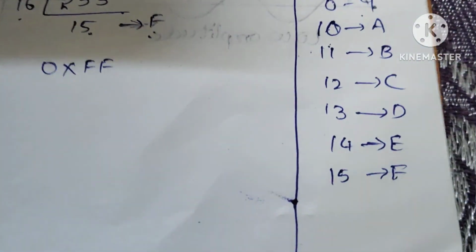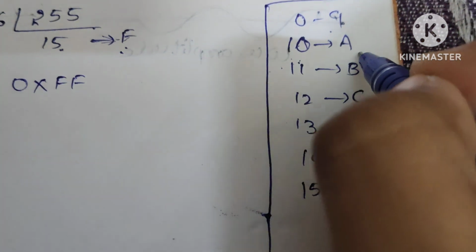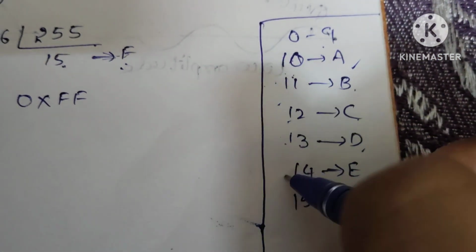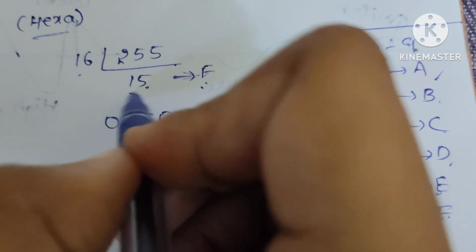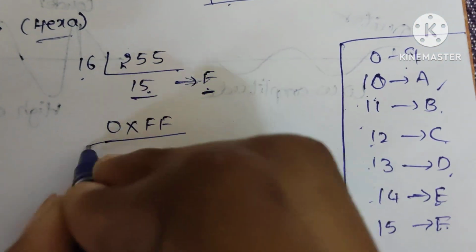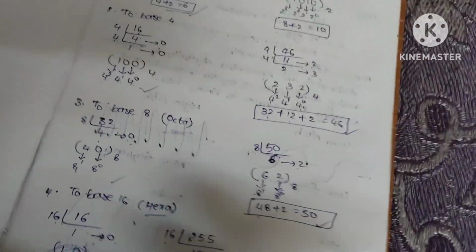There is a special way to represent that. 10 is represented as capital A, 11 B, 12 C, 13 D, 14 E and 15 F. So the remainder is 15 and we have to represent 0xff.